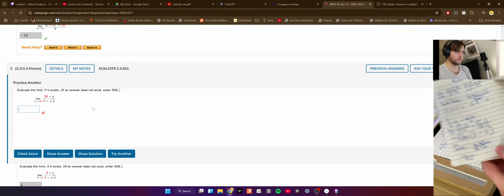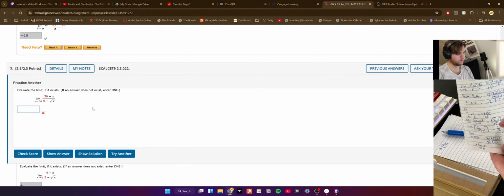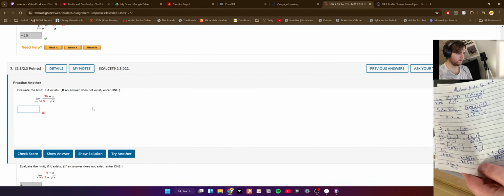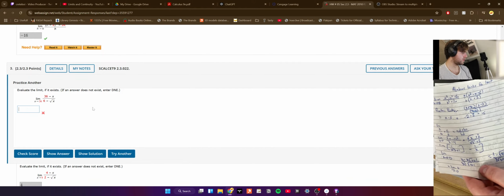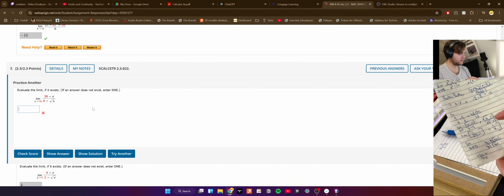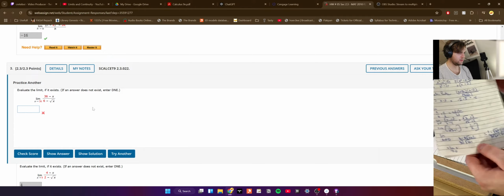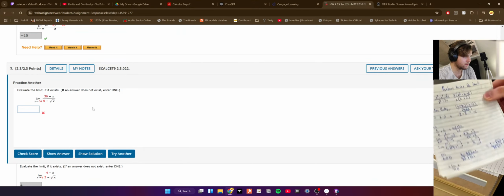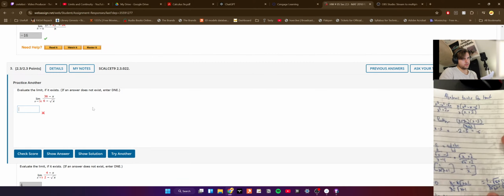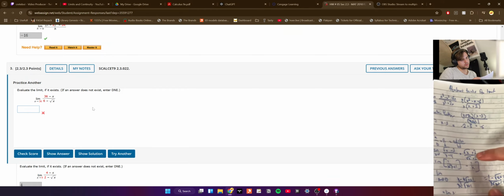My notes are messy and awful, but see how they're not helping me right now? I wrote this problem down, which looks very similar to what we were dealing with. That's x squared minus 2 over x minus 4. But why? So I wrote here x plus 2 times the top.